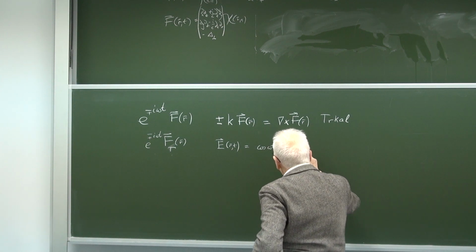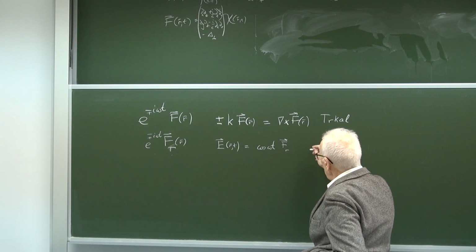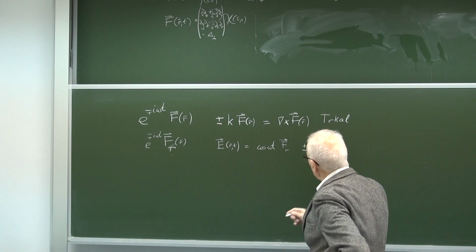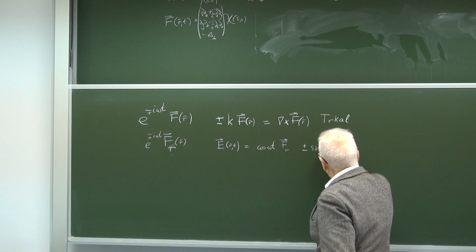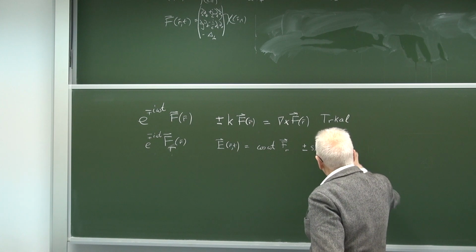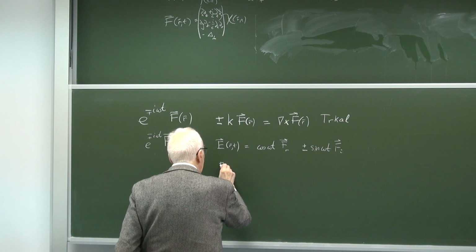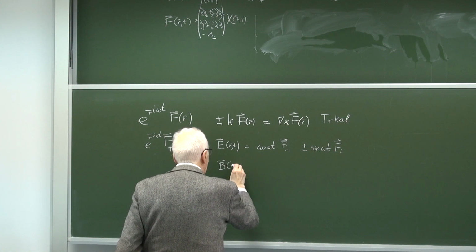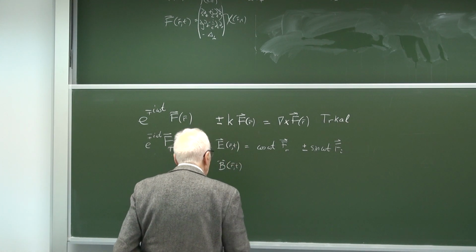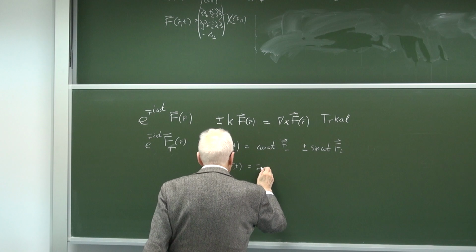And the second term will have either plus or minus sign, depending on the sign over there, sine omega t, and the imaginary part of this Trkal vector. And for B, we have B of r and t, and just cosine and sine are at different places, minus plus.